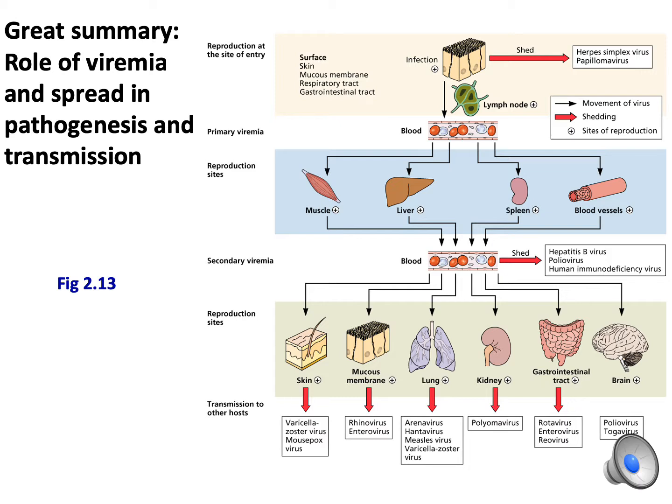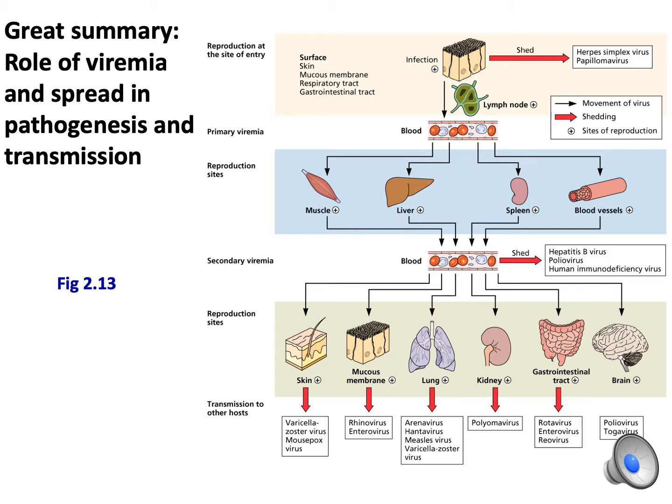So for example, herpes simplex virus and papillomaviruses infect here and are shed through that site as well. But then dissemination through the bloodstream can take other viruses to sites like muscle, liver, spleen, blood vessels. There might be replication in some of those sites, amplifying the amount of virus. Then there is something called secondary viremia. More virus, higher virus load in the blood.